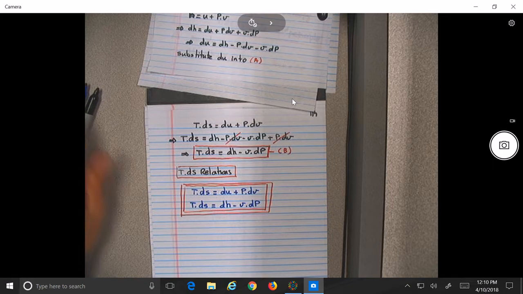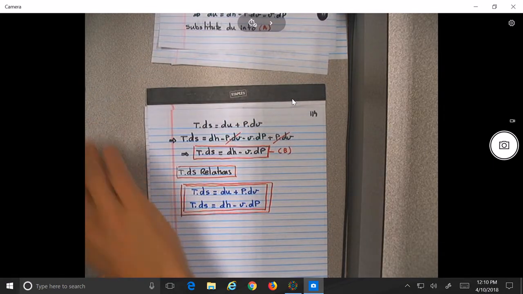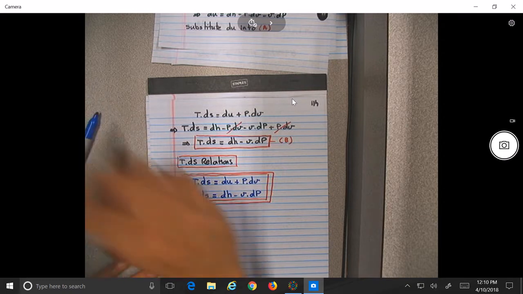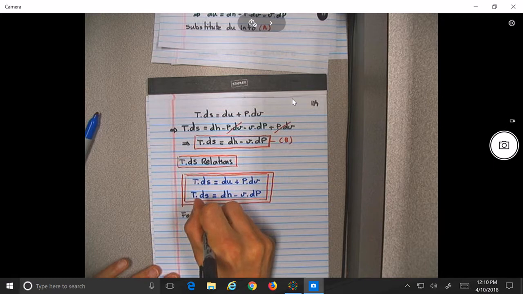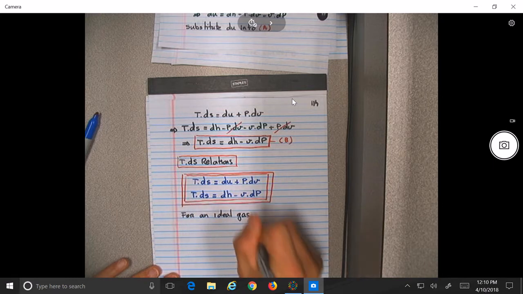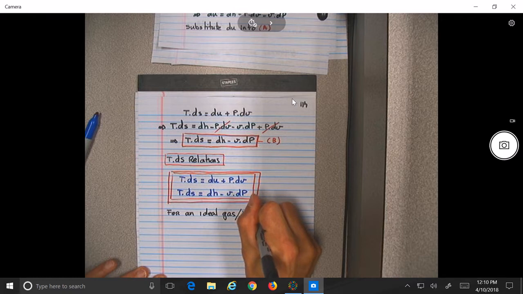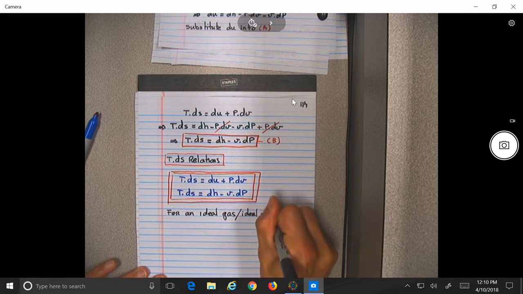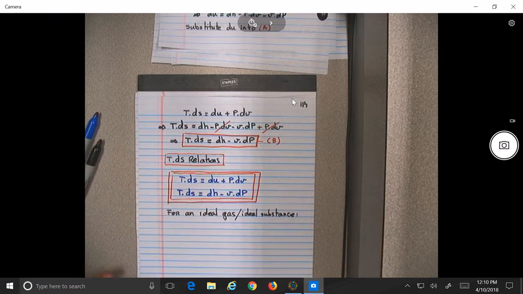However, now let's say for an ideal gas, or ideal substance. Really it is ideal gas, but it can be extended to ideal substance.